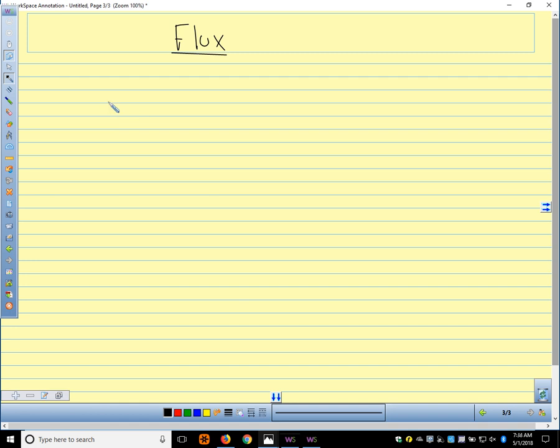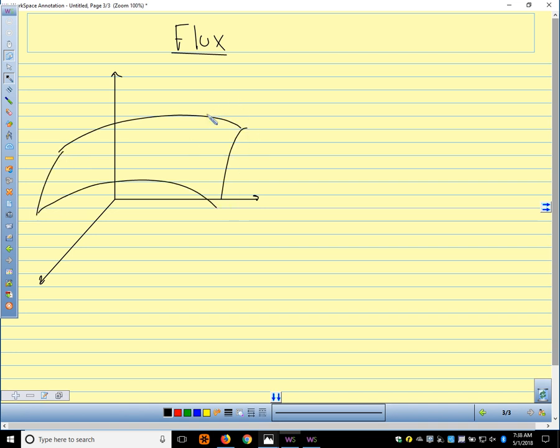Here's my coordinate system. We're going to let our surface be an oriented or orientable surface. So we're going to have our generic surface up here. This is our surface S. So S is an oriented surface.